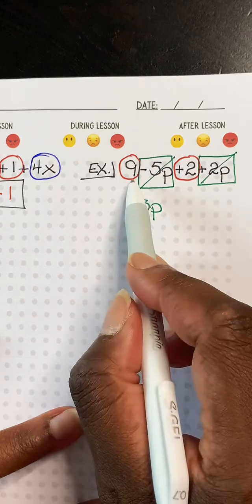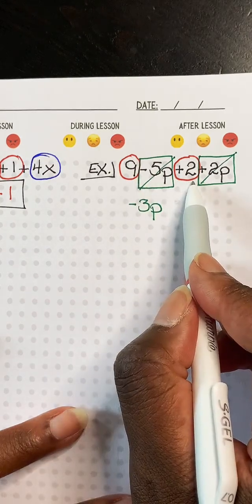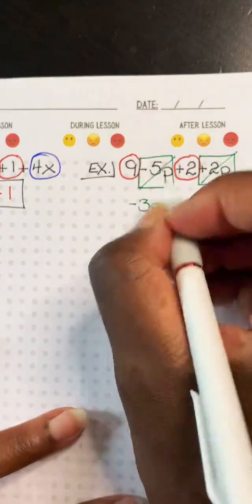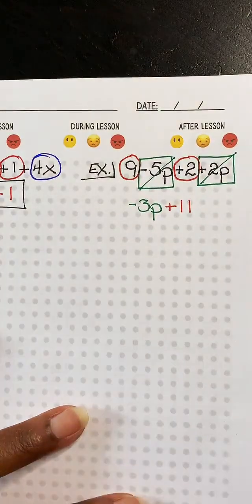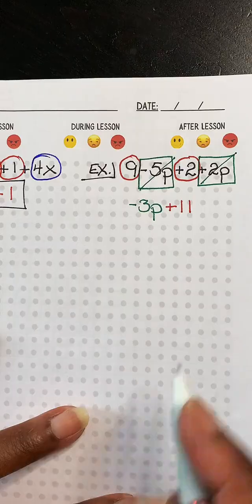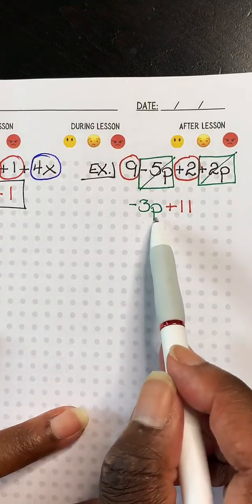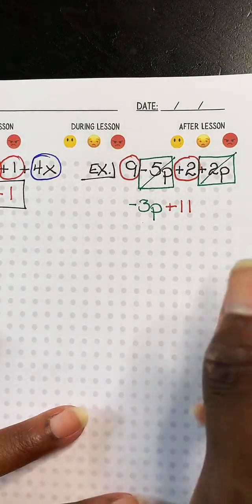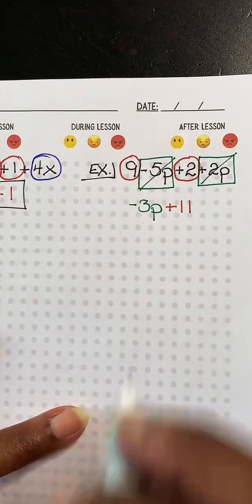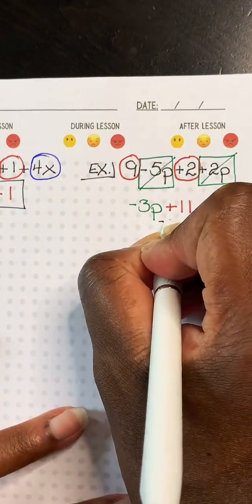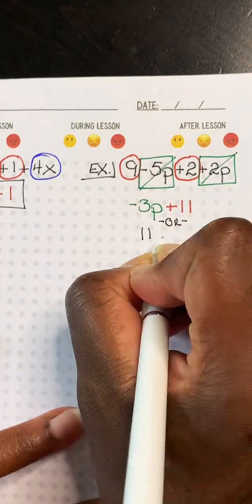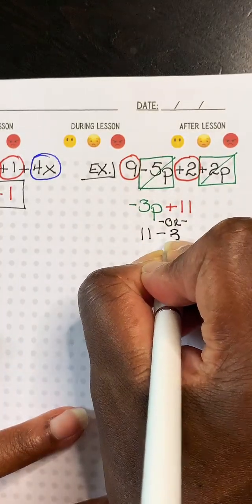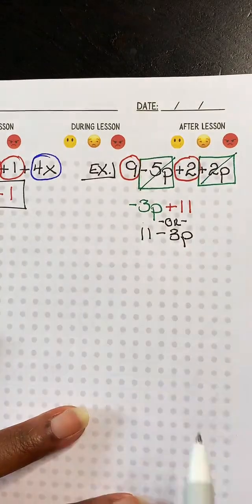Now we have 9 plus 2, which gives me 11. So you can say negative 3p plus 11, or you can say 11 minus 3p.